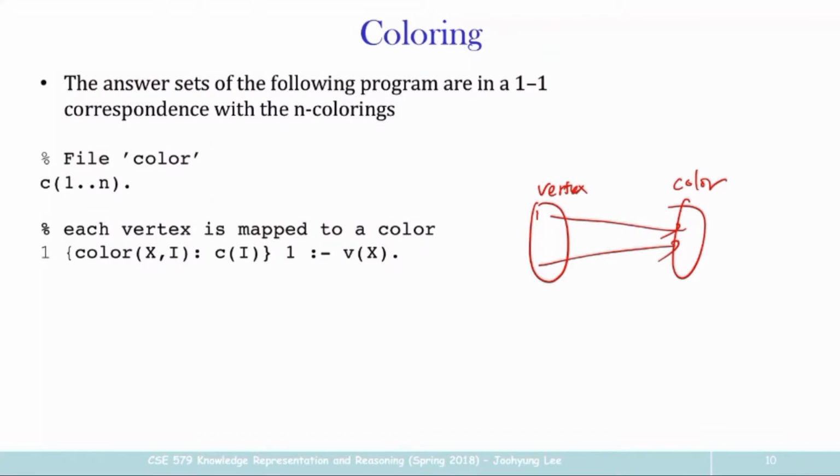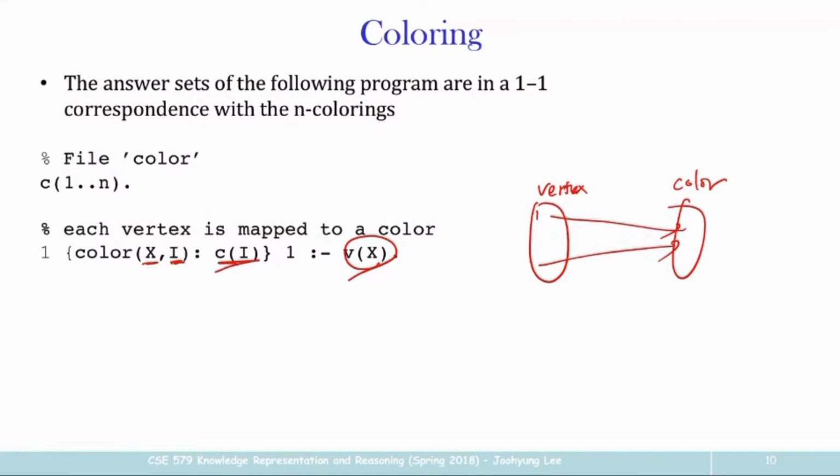We use the global variable to represent the domain and the local variable to represent the range. Color x, I means that vertex x is colored with I. Are we together? For each vertex x that you choose, you have to have exactly one color.